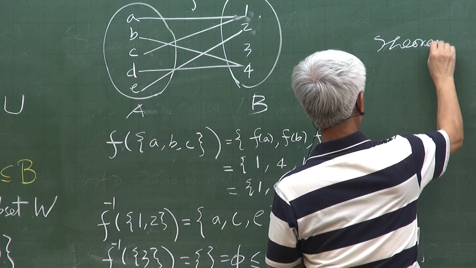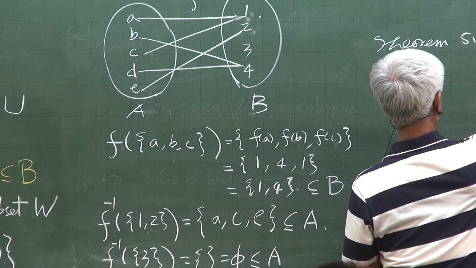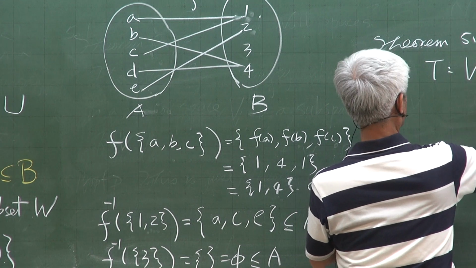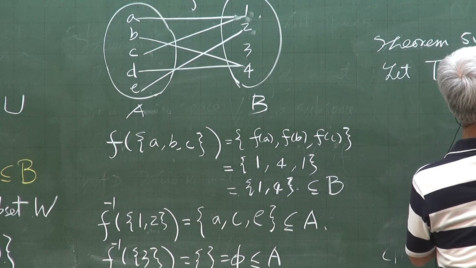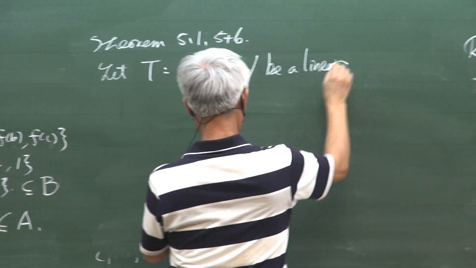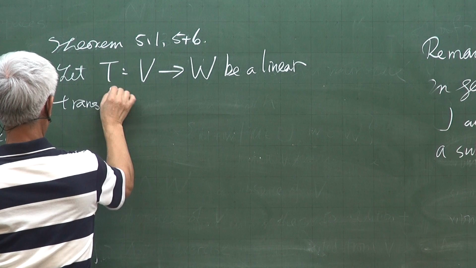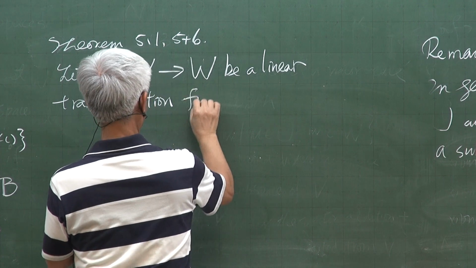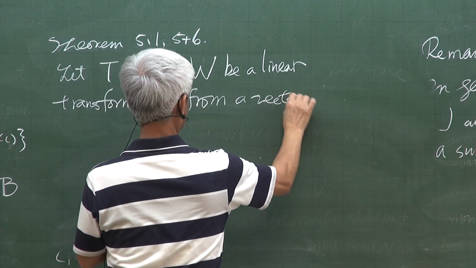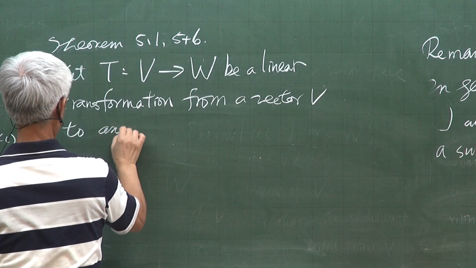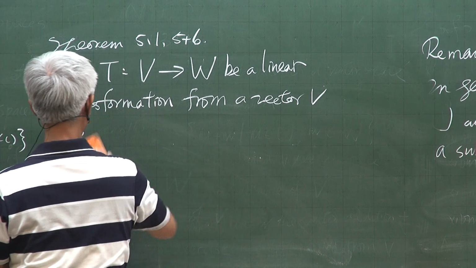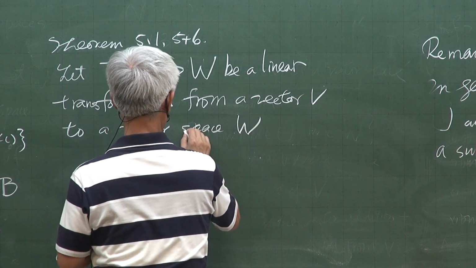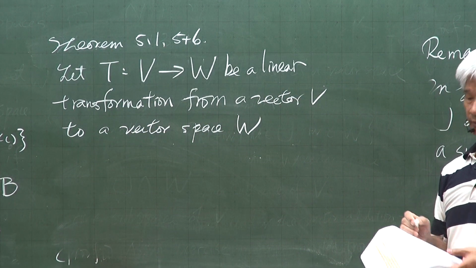The next theorem, 5.1.56 plus 6. Let T be a linear transformation from a vector space V to another vector space W. Right, T is a linear transformation.